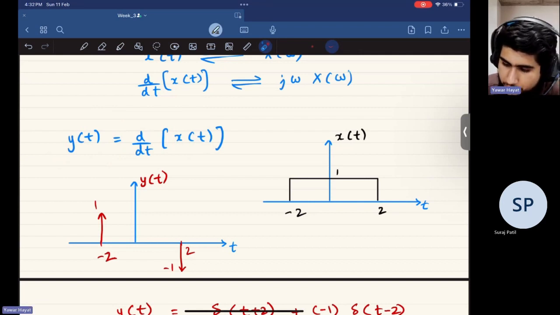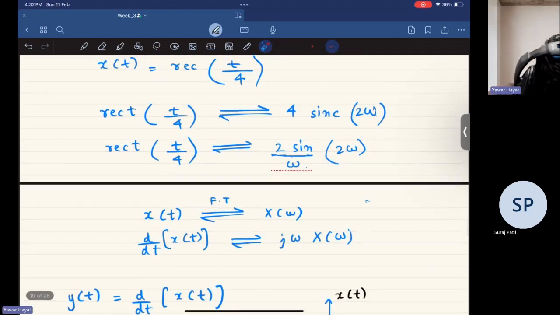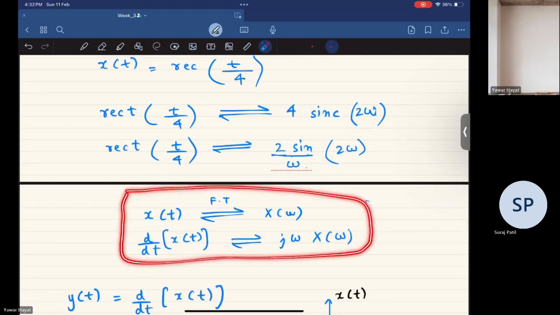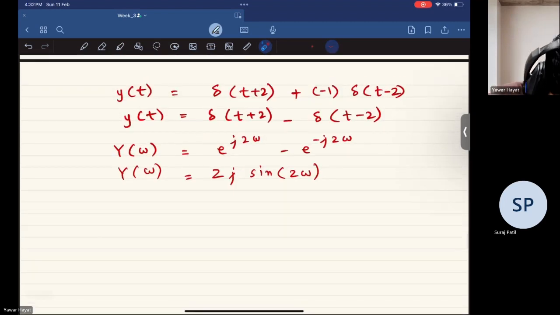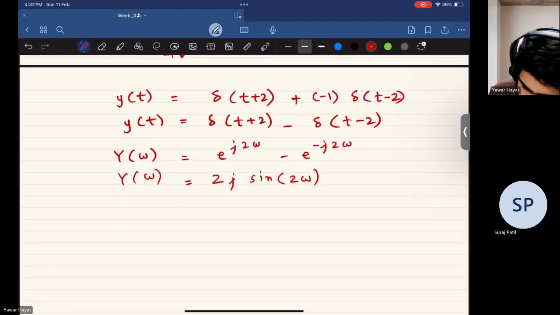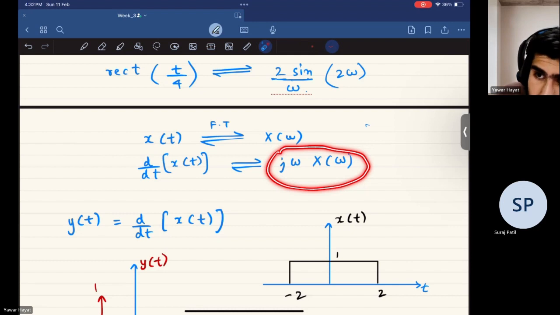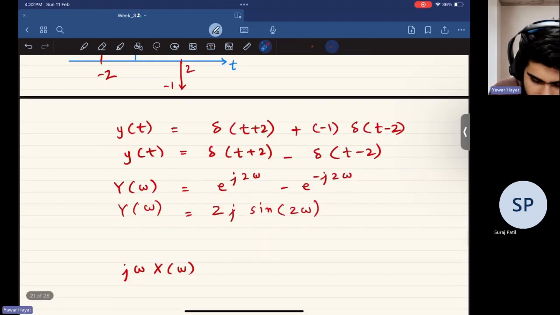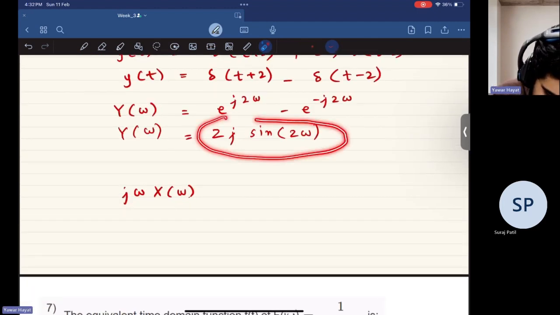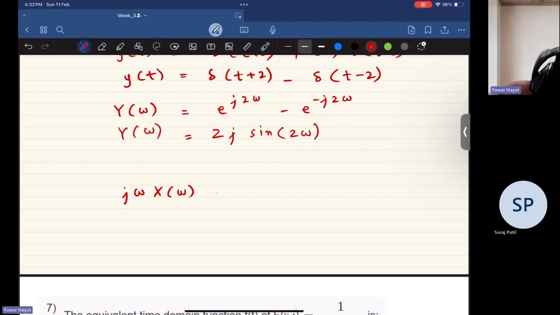Then I'll utilize this property. j omega X of omega was the Fourier transform of the derivative of the original function, and we evaluated that as 2j sine of 2 omega.